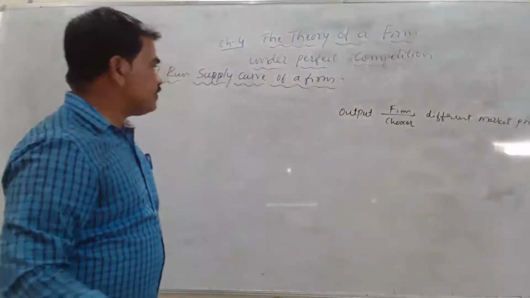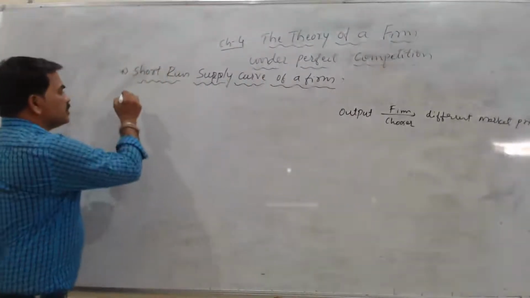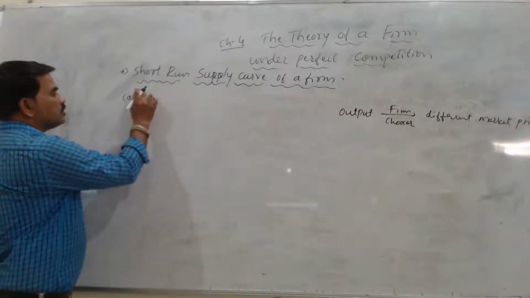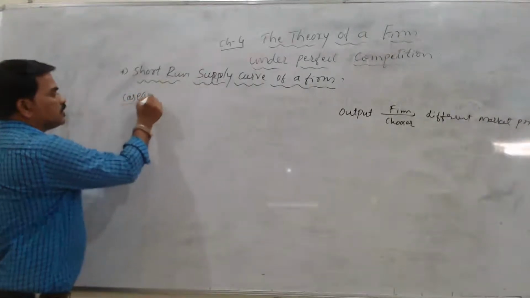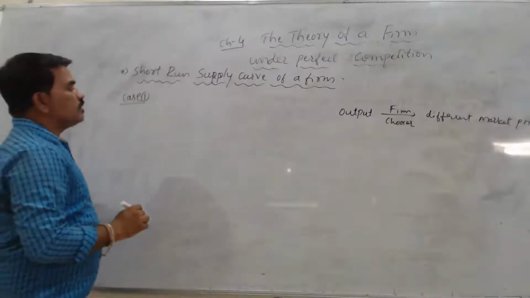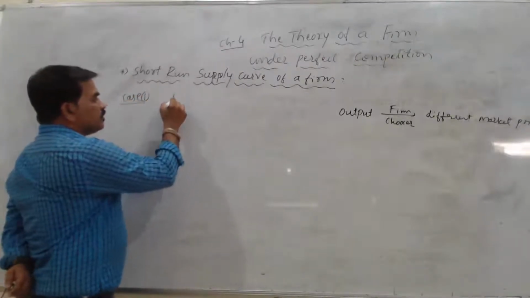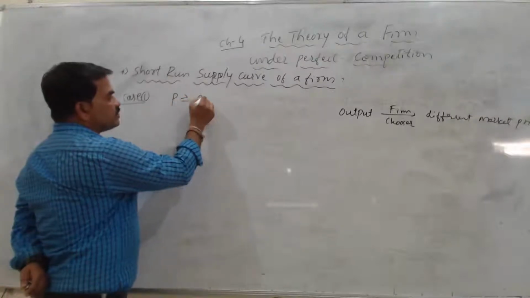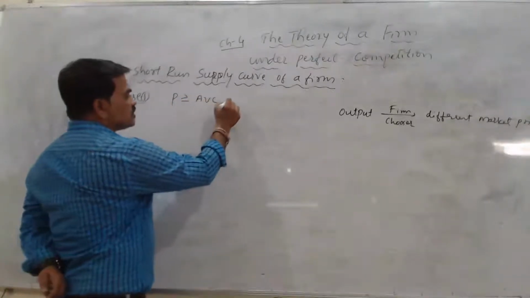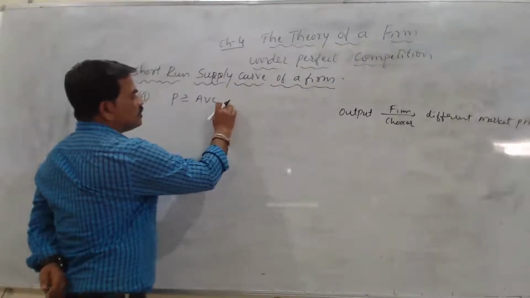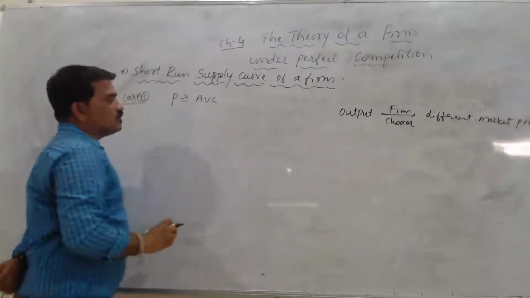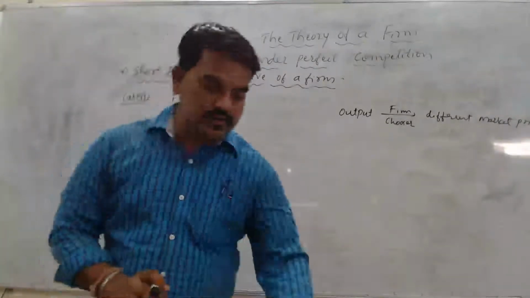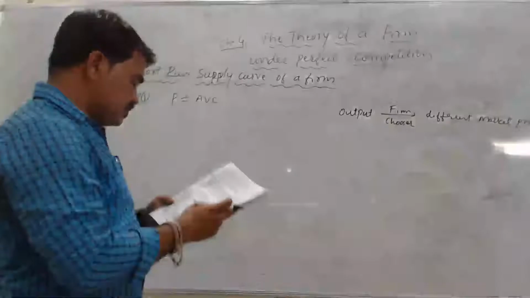Now the first case here: if price is greater than or equal to average variable cost in the short run, then whether it can make profit there or not, that we are going to understand.